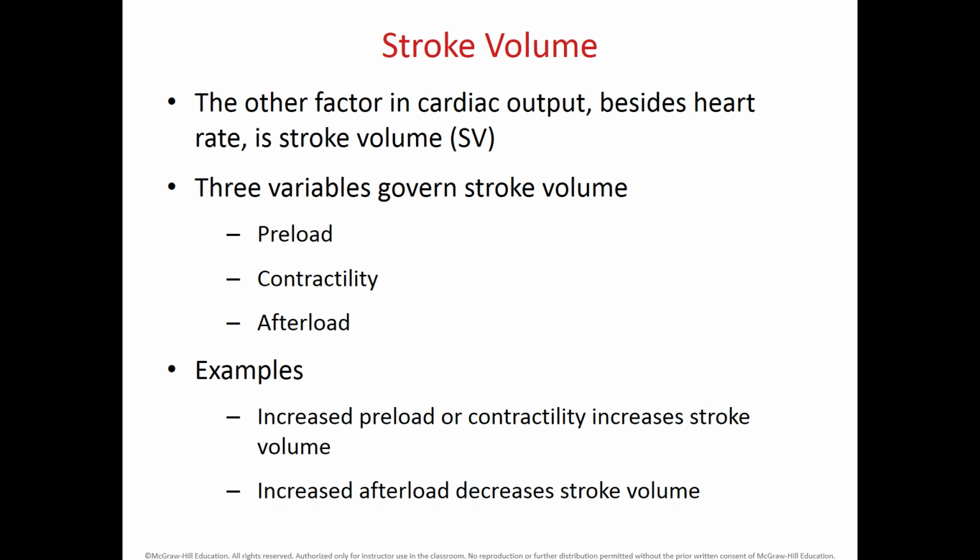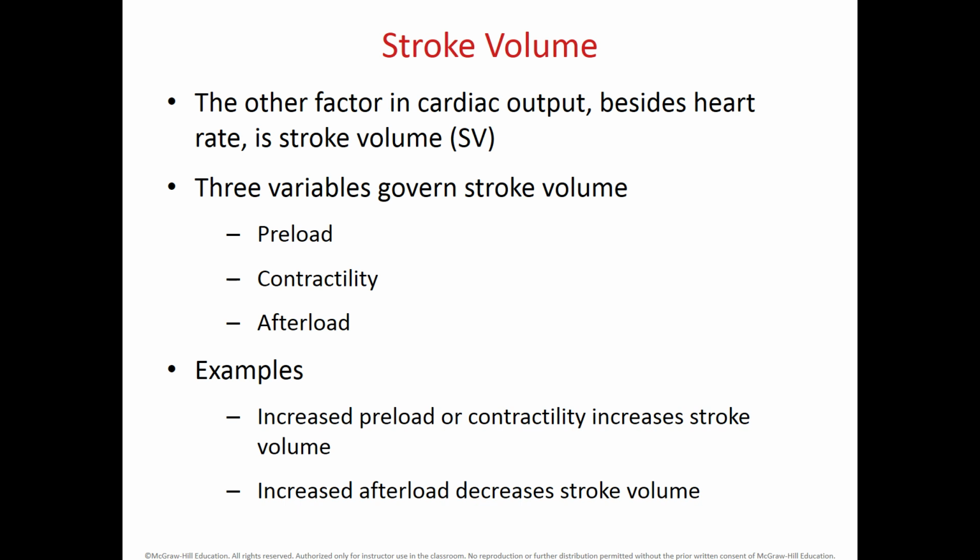So, things that affect the stroke volume, or the amount of blood that is pumped by the heart every time that it pumps, will be how much blood return you have, or the preload; how strong the contraction of the heart is, or contractility; and how much resistance you have in the different blood vessels attached to the heart. This is the afterload.